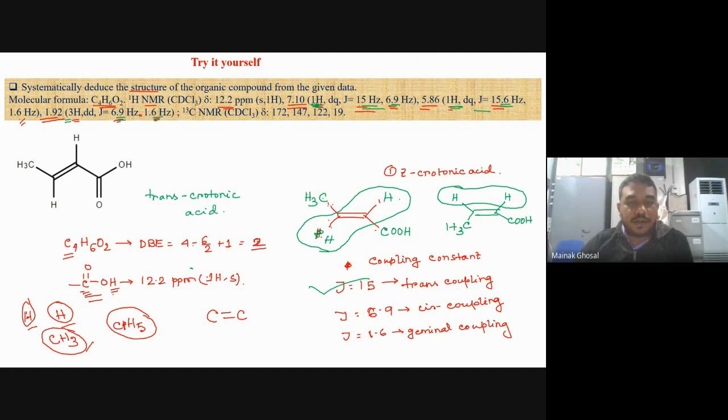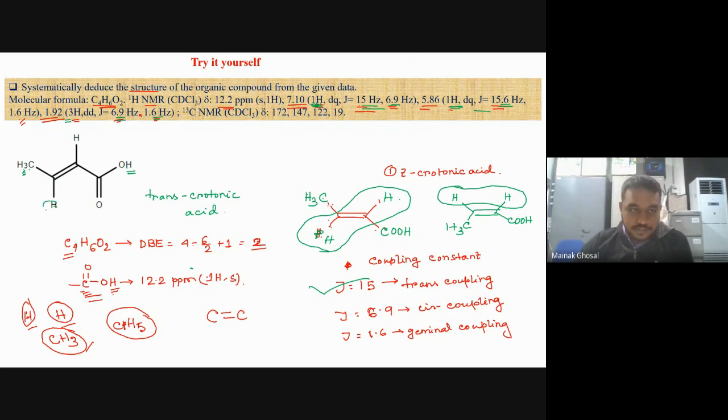Now we need to follow the patterns. This hydrogen will be a one hydrogen singlet. These three hydrogens, what will the pattern be? This is three hydrogens and there is a hydrogen here, so this will be a doublet. Then it will couple with this one, so it will be a doublet of doublet.